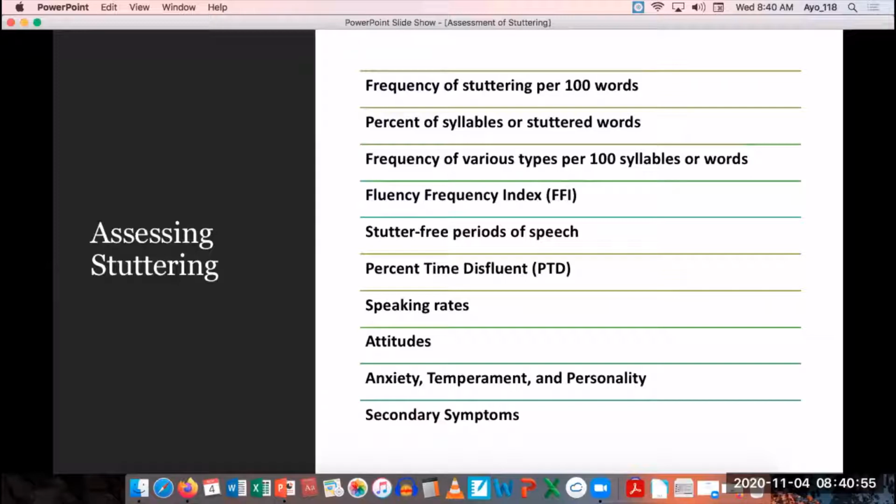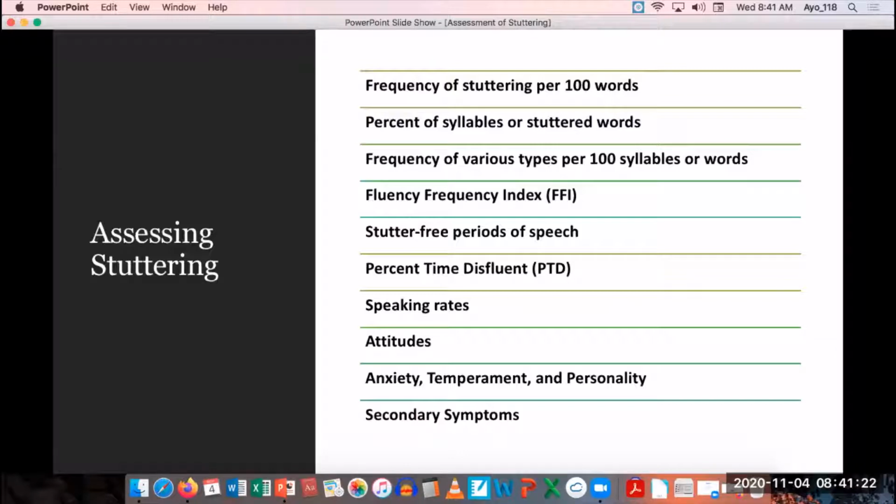It's going to be the number of stuttered words or syllables, if that's what you do, per 100 words. So it is just that. The person exhibits 5 disfluencies per every 100 words on average.